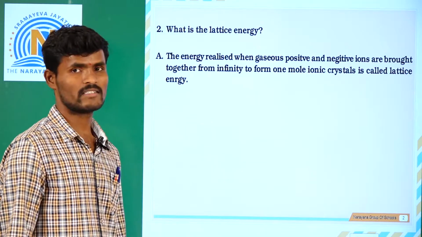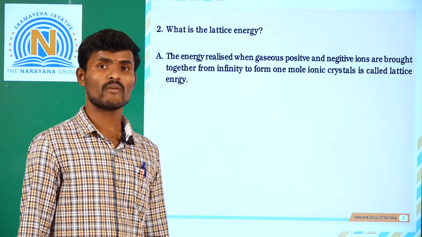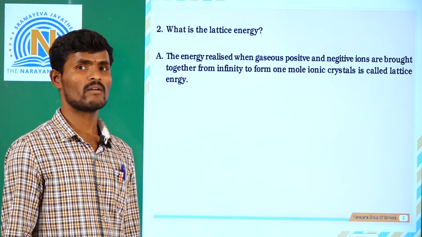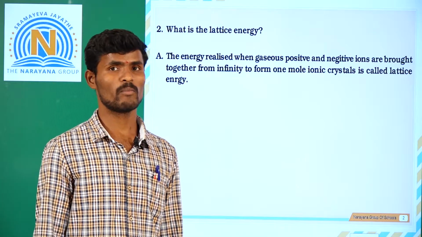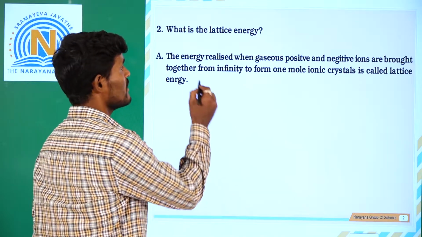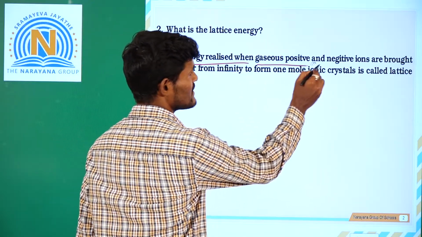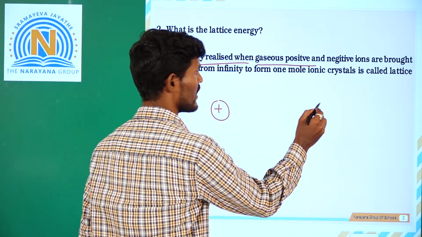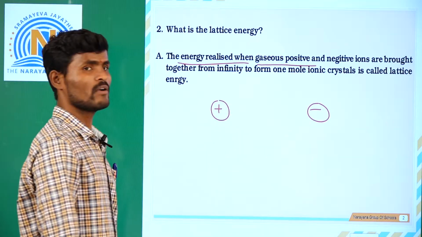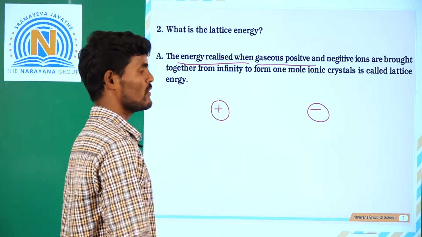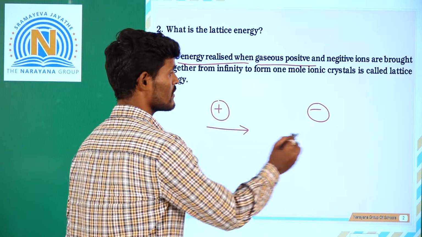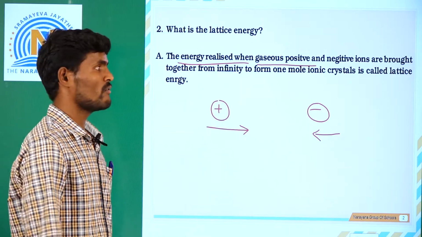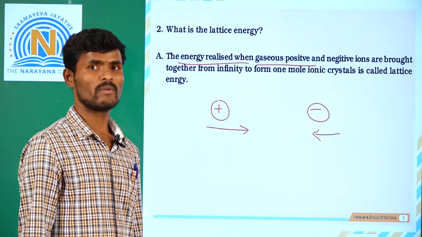What is the lattice energy? The amount of energy released when 1 mole of ionic crystalline compound is formed. That means the energy released when gaseous positive and negative ions, oppositely charged, are brought together from infinite distance and 1 mole of ionic crystalline compound is formed.